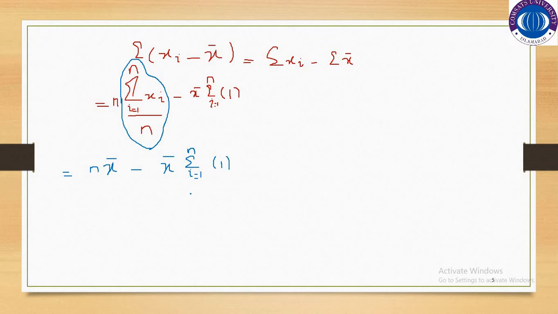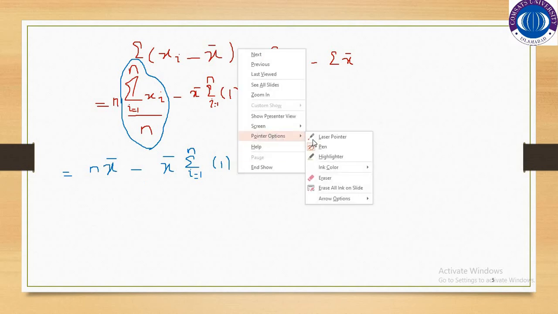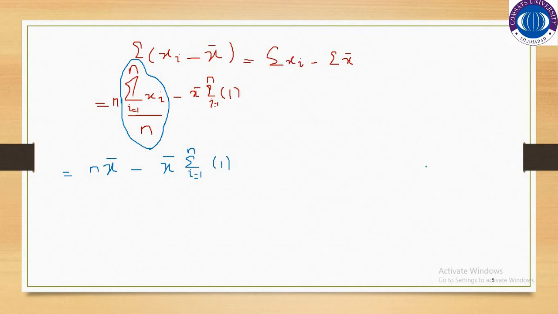So what will we do with this particular term? Whenever we apply the summation, it means we are summing that particular number, or if it is a variable, we add all the numbers coming in the range of that variable.